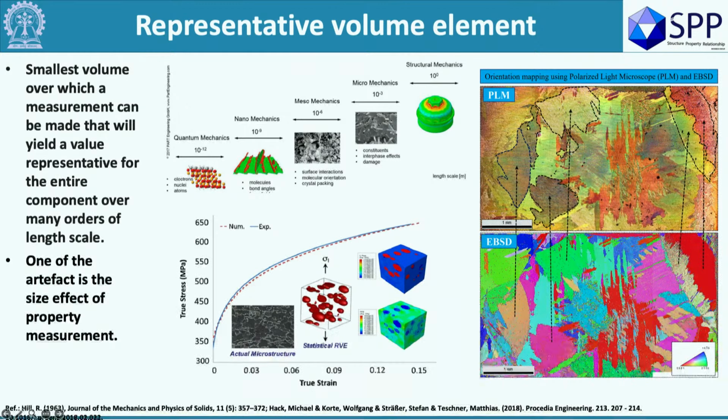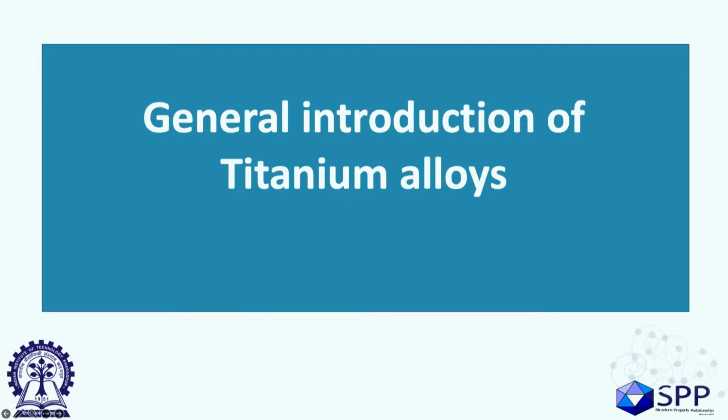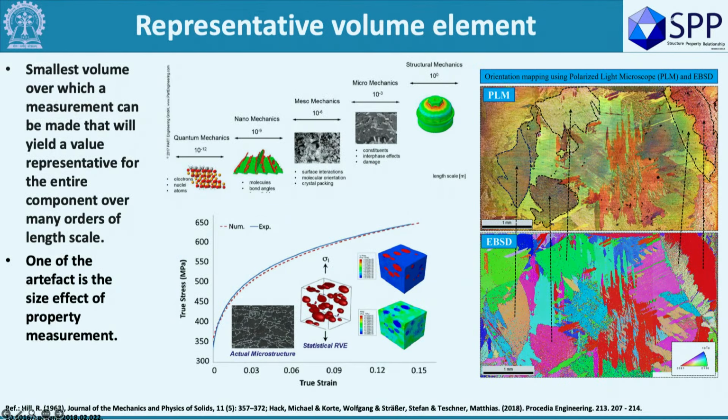You can see this is an EBSD map, a large-sized one. The top one is a PLM, polarized light microscopy. We were trying to connect PLM and EBSD. Anyway, I think the general thing is over. This one, the Ti-64.